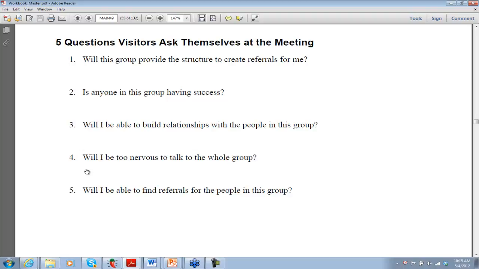Think back for a second. Think back to your first BNI meeting. You remember sitting down, the chapter president starts with the opening comments, and then they get to the point in the agenda where they go around the table and people talk about what's a good referral for me this week.